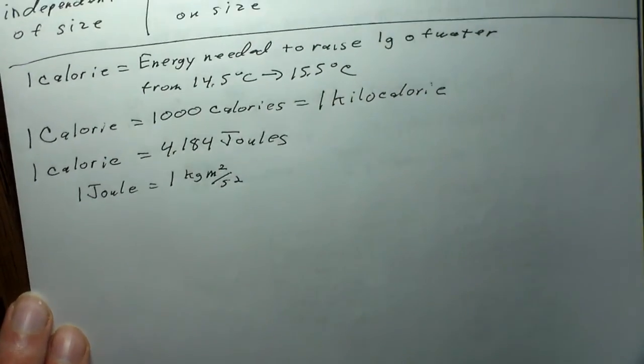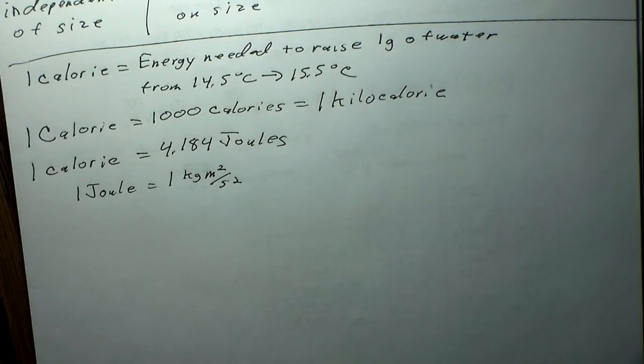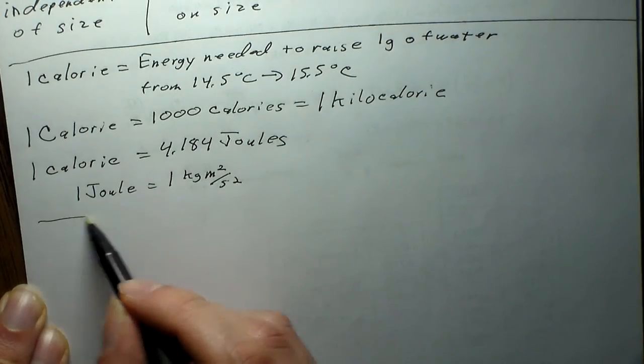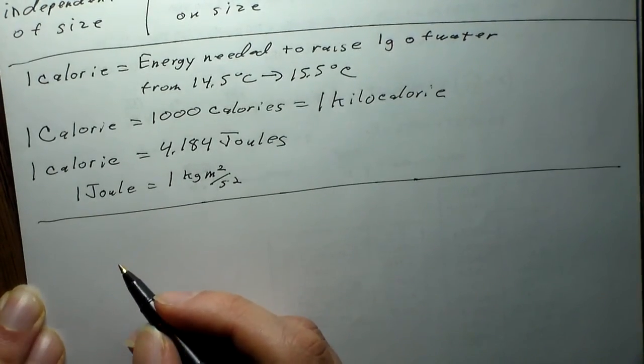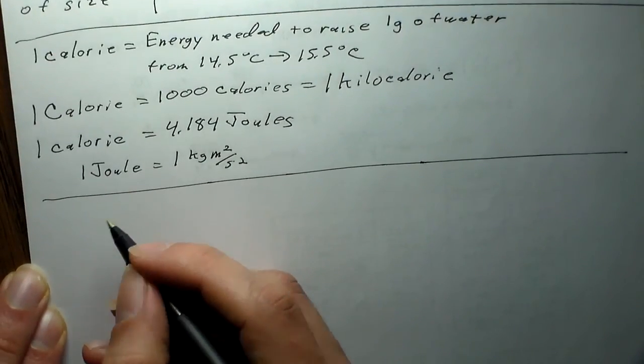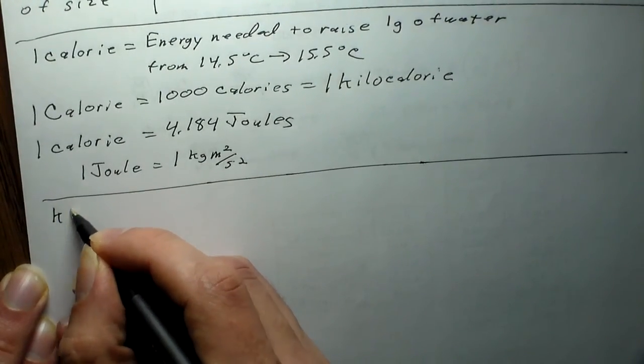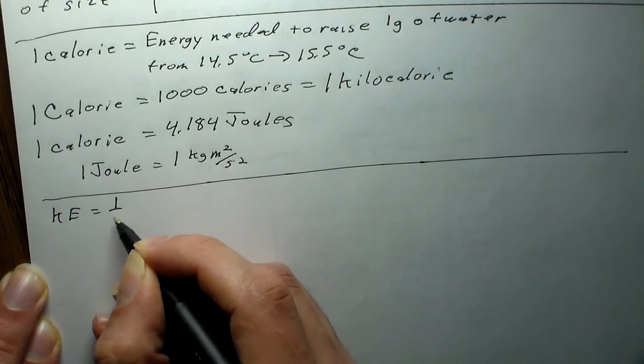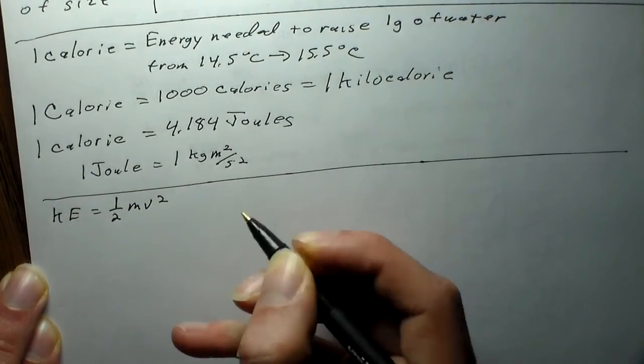Now, as for how much this energy actually is, we can look at this in terms of either kinetic energy or potential energy as well. So, for instance, there's two terms you may have seen before if you've ever had physics. We have here the kinetic energy, and that's equal to 1/2 mv squared.